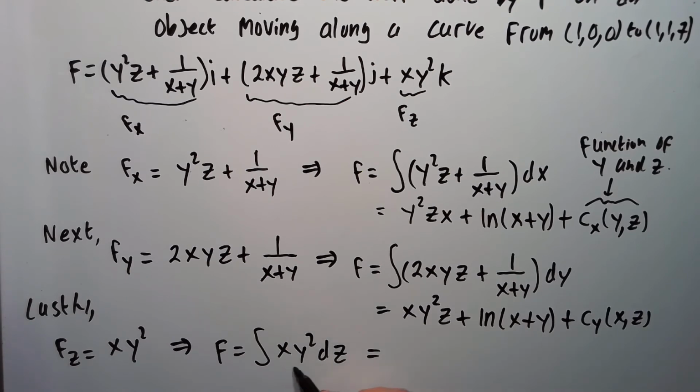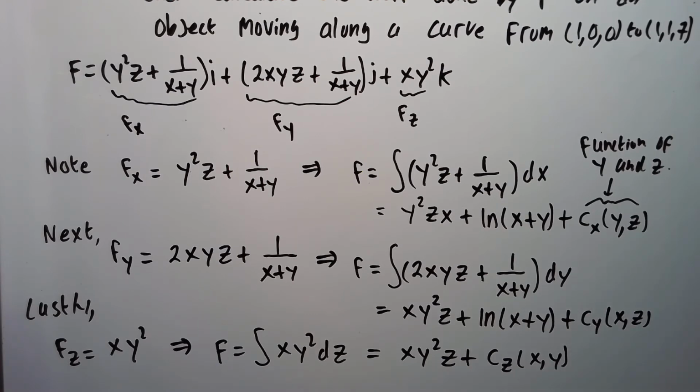So integrating this, these are constants, so it'll be just x y squared z plus now some constant. The constant here would be a function of x and y. We call it c z of x and y.